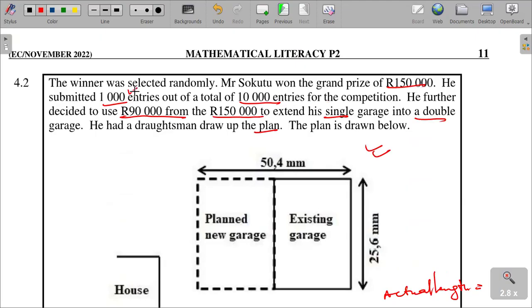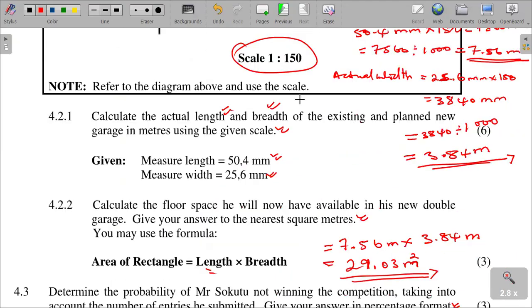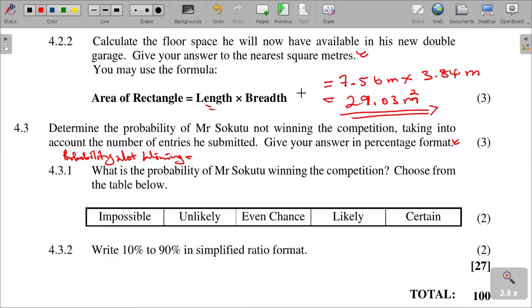So the probability of not winning is just going to be 10,000 minus 1,000, which gives us 9,000 over the total, which is 10,000.